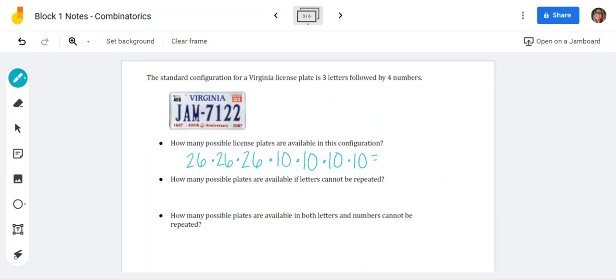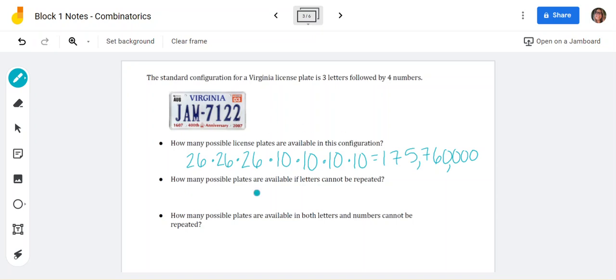If we multiply that out, there's 175,760,000 possibilities for the license plate.